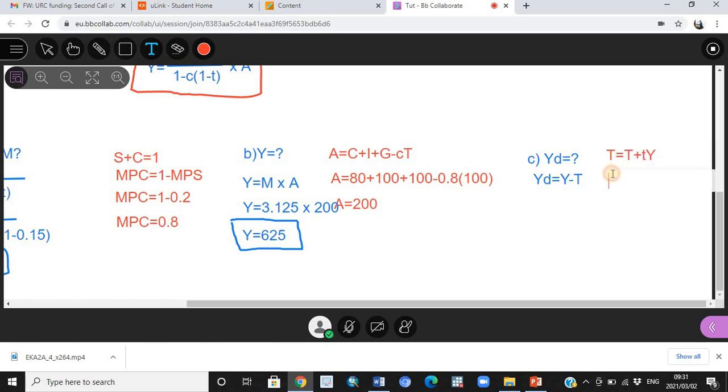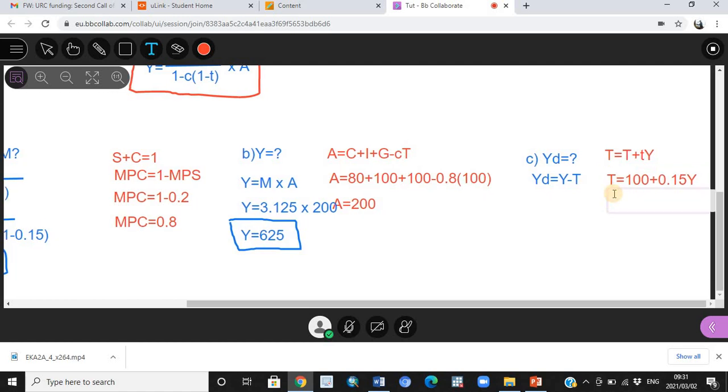So T is going to be equal to 100 plus 0.15 multiplying 625.